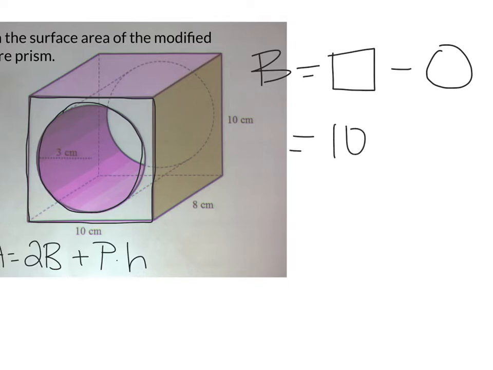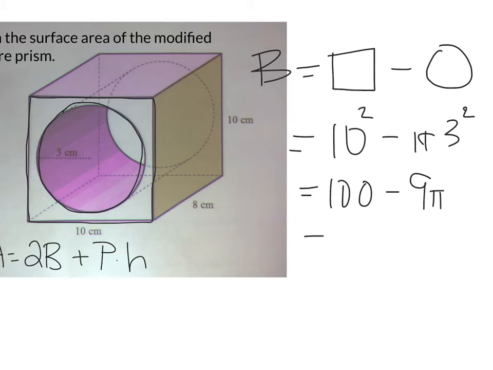So our square is 10 squared minus pi times 3 squared, which is 100 minus 9 pi, which as a decimal becomes 71.72 square centimeters. That is the area of our base, the square's area minus the circle's area.